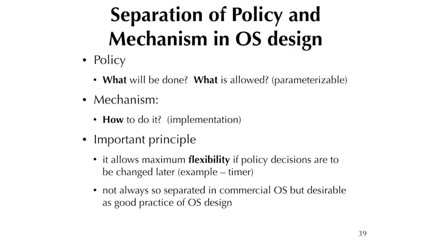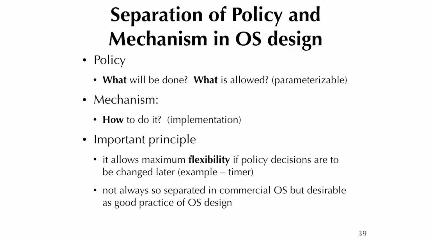And what you want is to have this clean enough separation so that you allow maximum flexibility, in case you want to change a policy, right? So you don't want to hardwire a particular policy into your implementation mechanism, so that later it's going to be very hard to change.